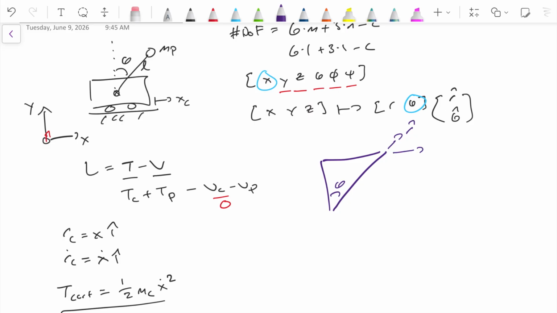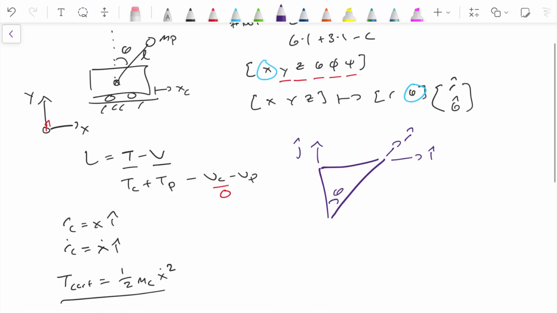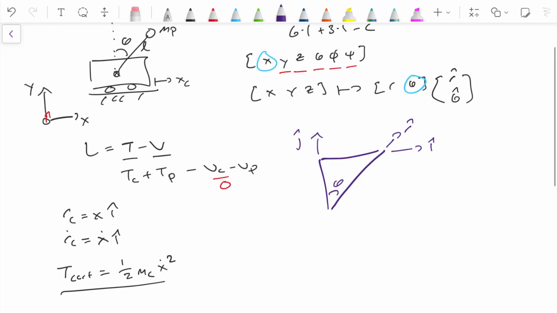And then to get into I hat and then j hat components, I like writing unit vectors that come out of the triangle. And so we can essentially pluck out the individual components from this theta hat and L that we know is projected along r. So let's start breaking this down.